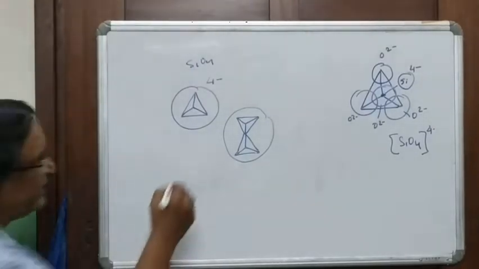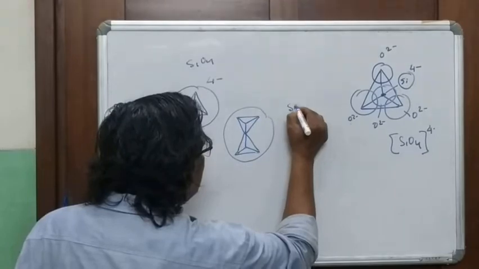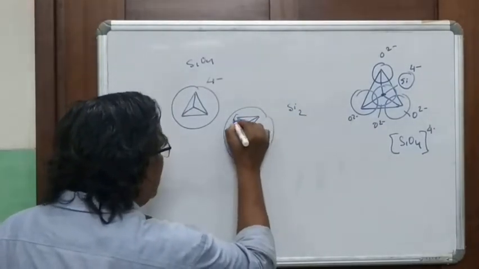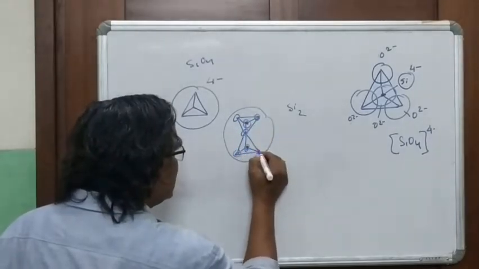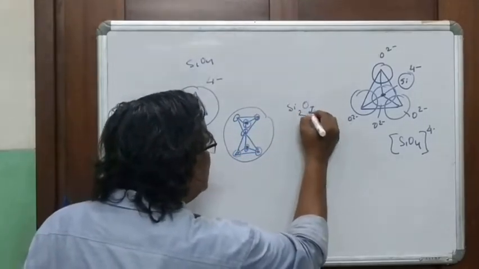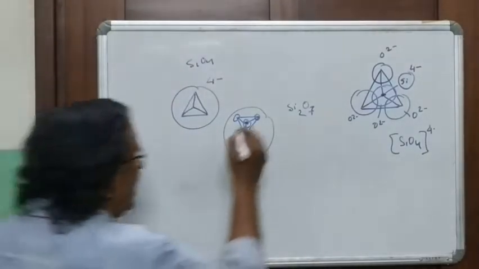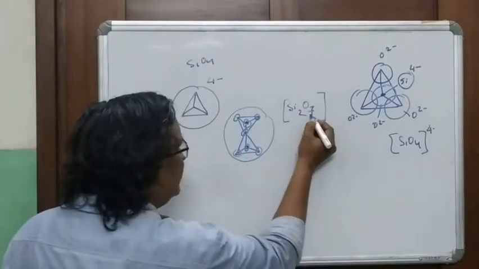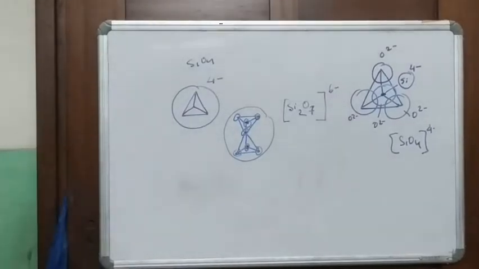Here, you can see that there are 2 silicon atoms, and there are 1, 2, 3, 4, 5, 6, and 7 oxygen atoms when you have a shared tetrahedra. You can see it's Si2O7, 14 minus, 8 plus, 6 minus.